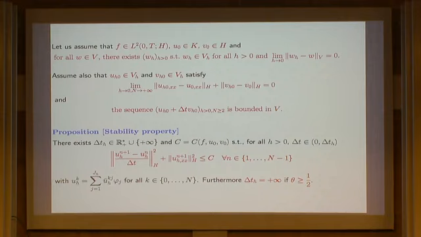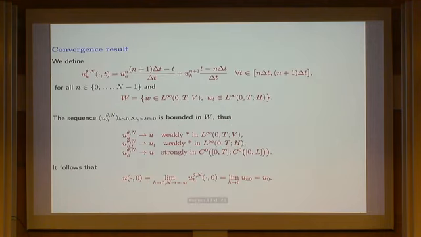So now, starting from this inequality, we can get a priori estimates for the approximate solutions. More precisely, we define the approximate solutions by a linear interpolation of UHN and UHN plus 1 on the time interval n delta t to n plus 1 delta t.